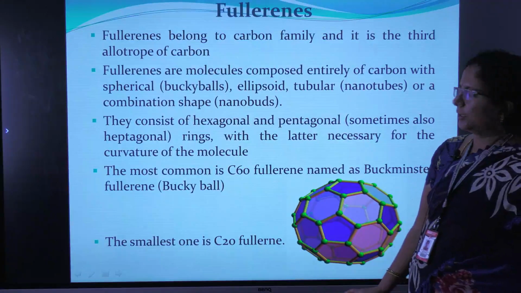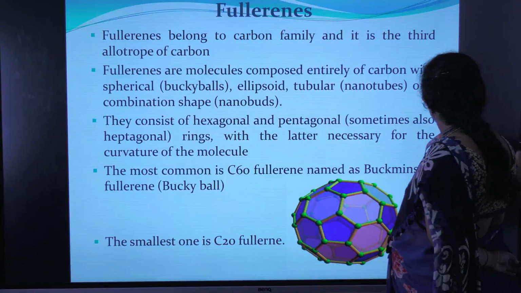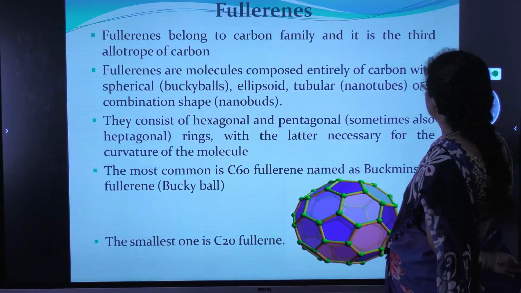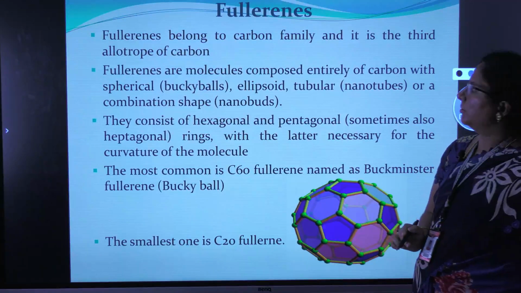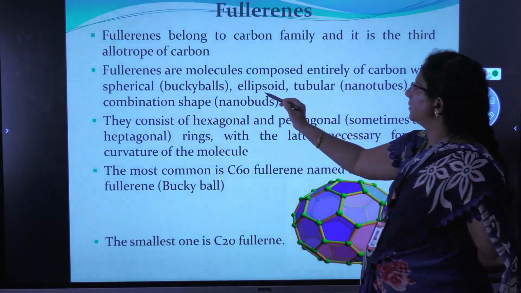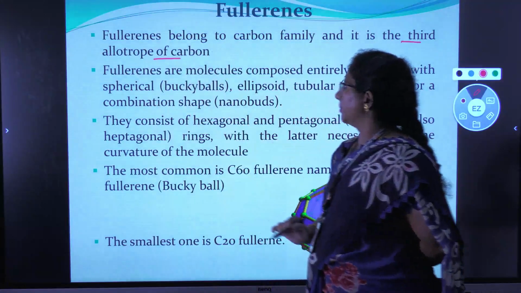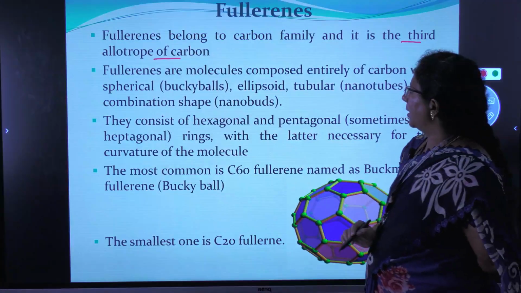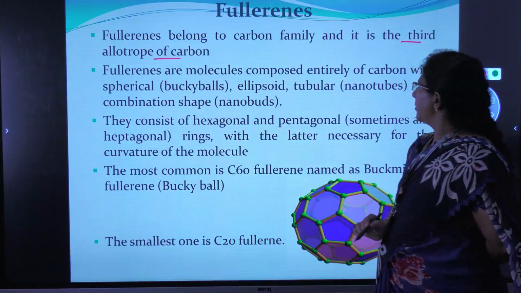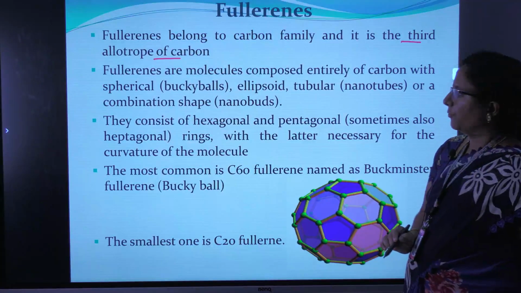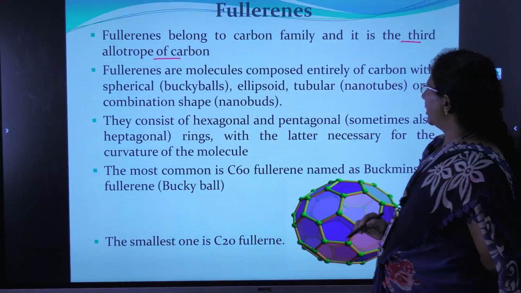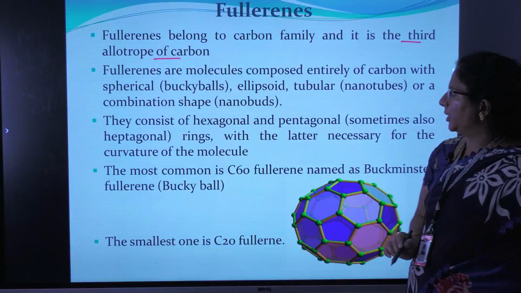Coming to the third topic, fullerenes. Fullerenes belong to carbon family and it is the third allotrope of carbon. Fullerenes are molecules composed entirely of carbon with spherical, ellipsoid, tubular or combination shape.